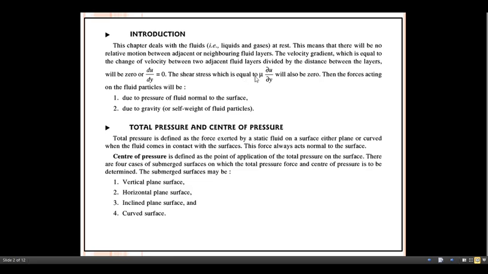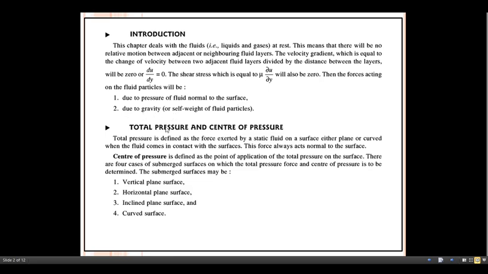The shear stress, which is equal to mu into del u by del y, will also be 0. Then the forces acting on the fluid particle will be due to pressure of the fluid normal to the surface and due to gravity.